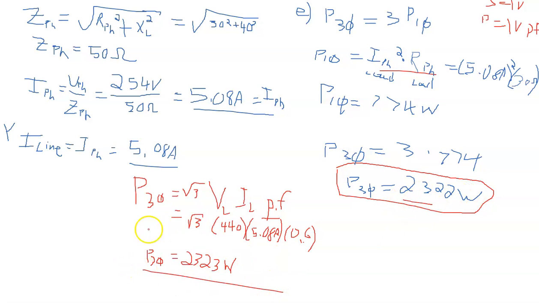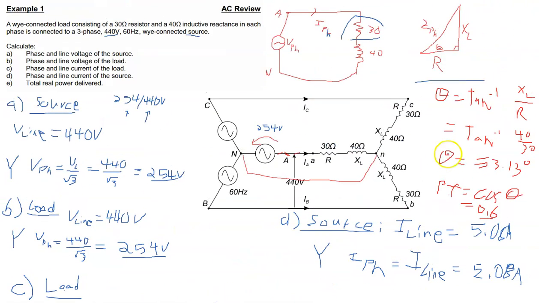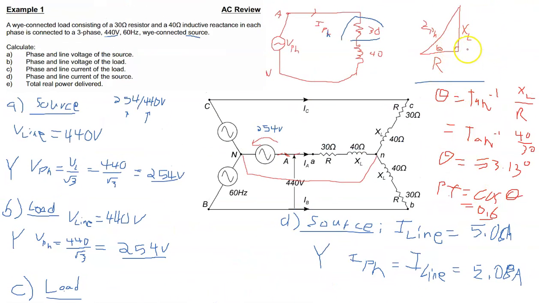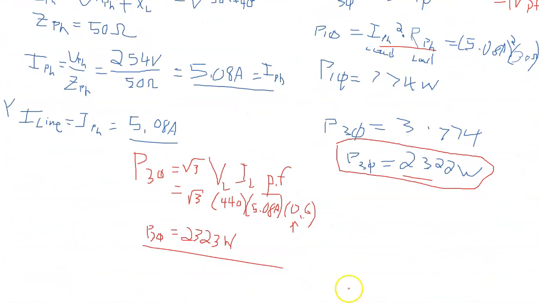But again, a bit more work to calculate it using this equation, because you got to come up with the power factor there. And that comes from the load phase angle, which comes from the impedance triangle that we drew there. All right.